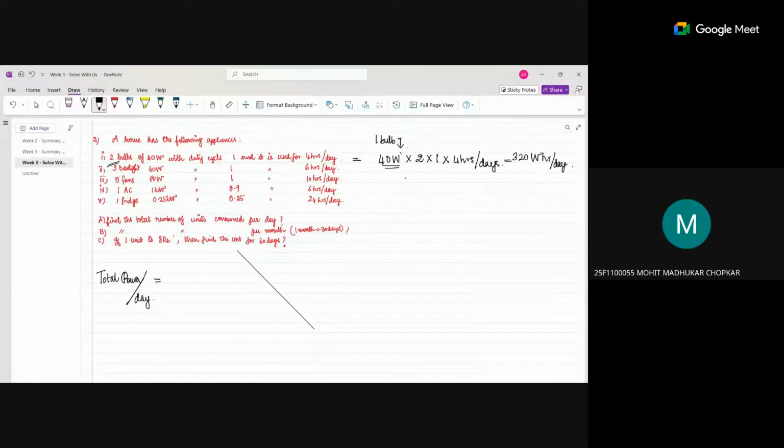So the same way, next one. It consumes 60 watts into 3 tube lights. Duty cycle is 1, again 6 hours per day. So tell me the answer one by one. 1080 watt hour per day.